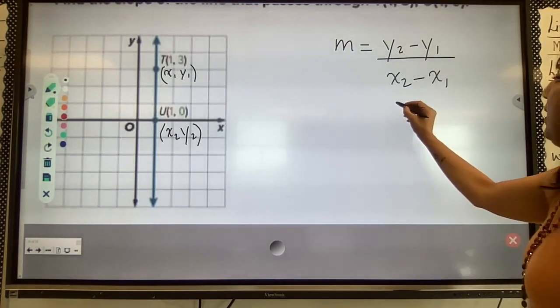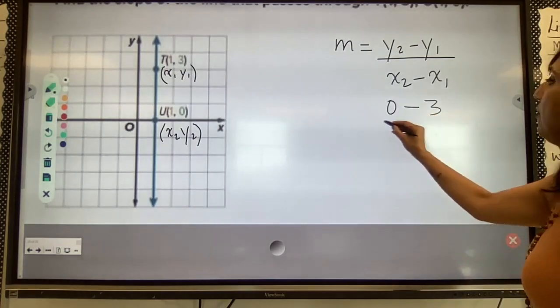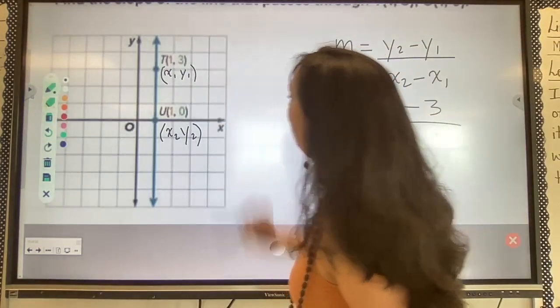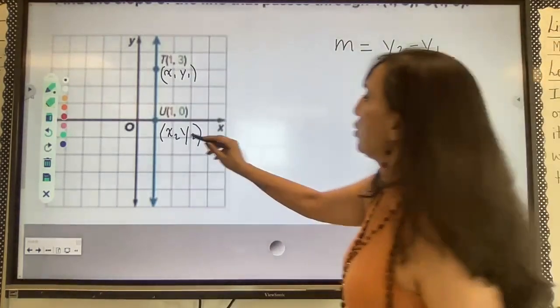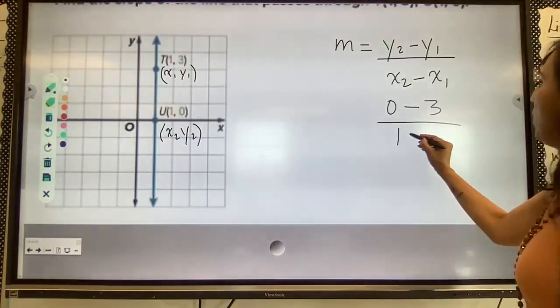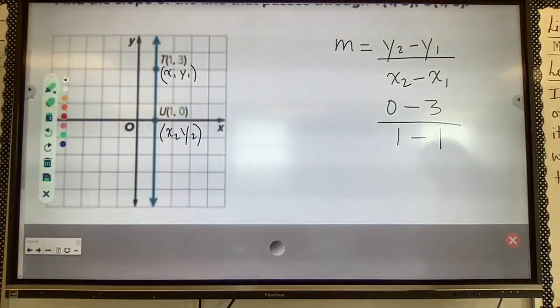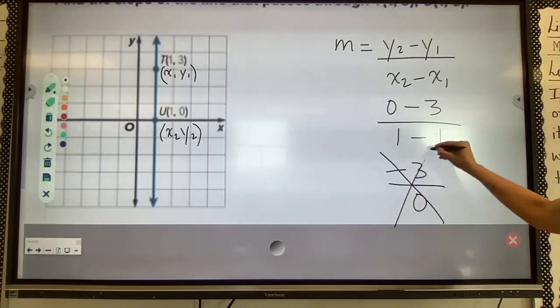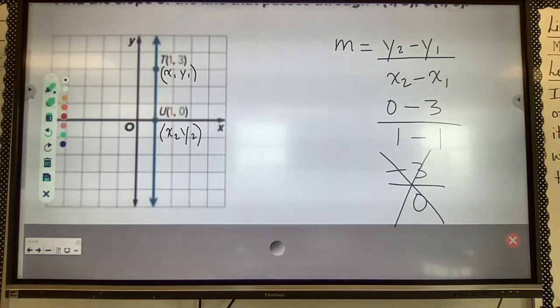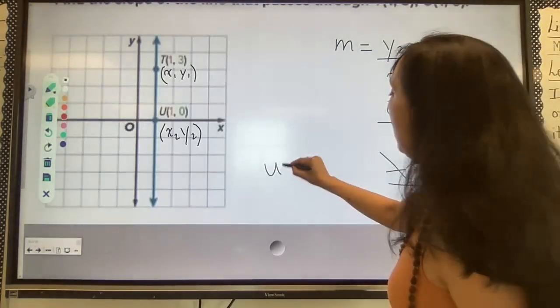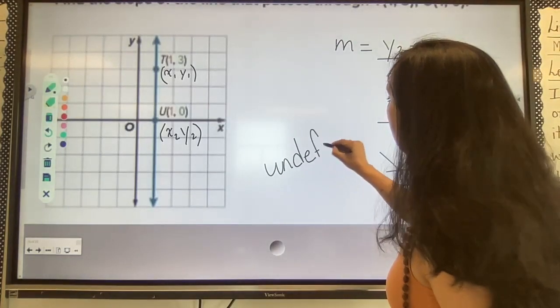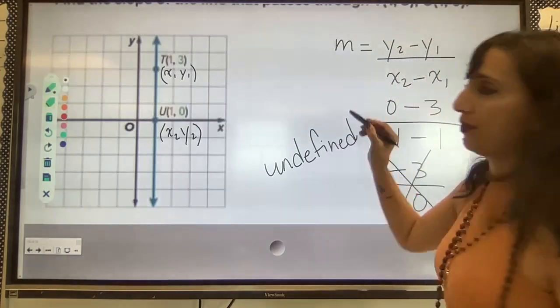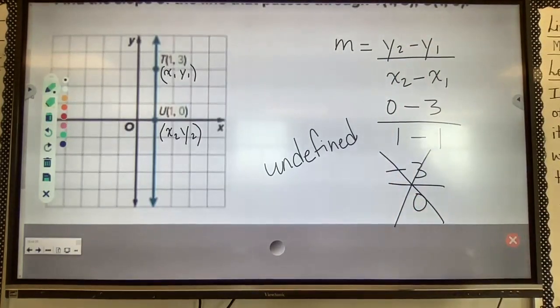It is 0 minus 3 over x2 minus x1, which is 1 minus 1, which is negative 3 over 0. And no, that's not happening. The slope is undefined. So this line is going to be undefined.